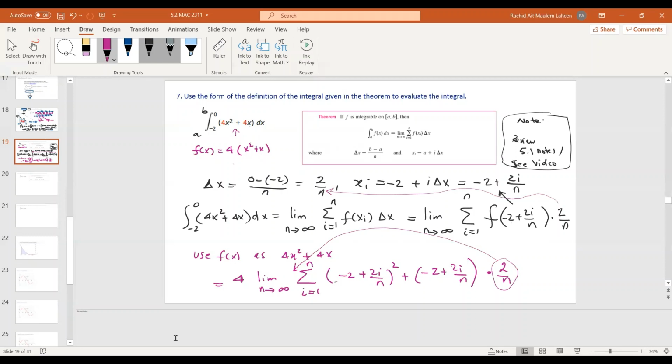So you have a 4. The 4 will come outside, and since 4 is a number, it's going to come here, and with the limit it's going to transition here. So that's what will happen with the 4.